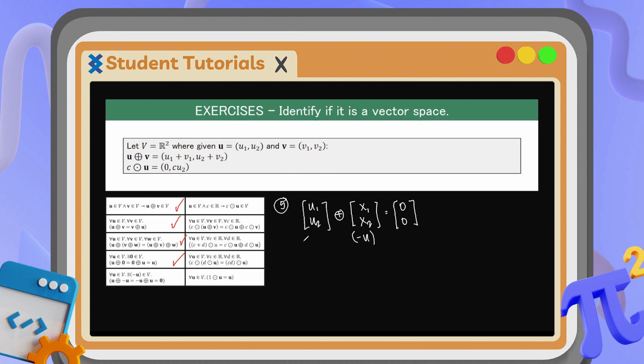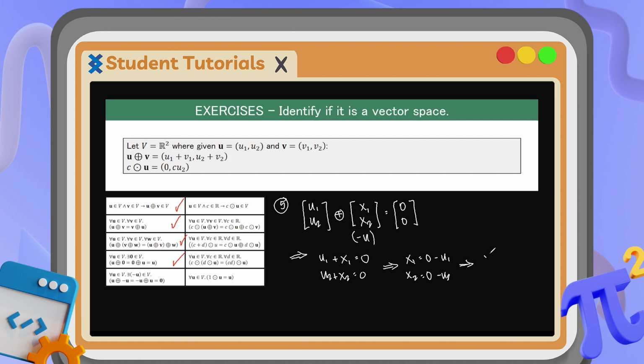So let's again turn this into linear equations. u1 plus x1 is equal to 0, and u2 plus x sub 2 is equal to 0. What we want to find out is the value of x sub 1 and x sub 2. So we subtract both sides of the equation by u sub 1 or u sub 2, which should give us x sub 1 equals 0 minus u sub 1, and x sub 2 gives us 0 minus u sub 2.